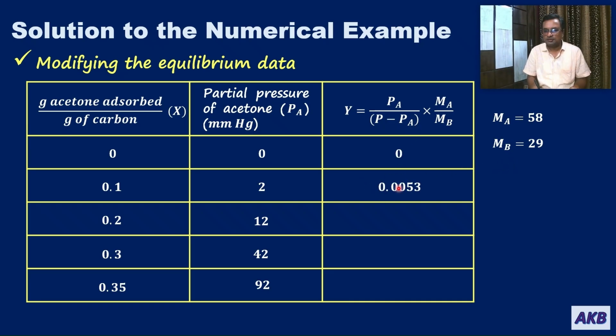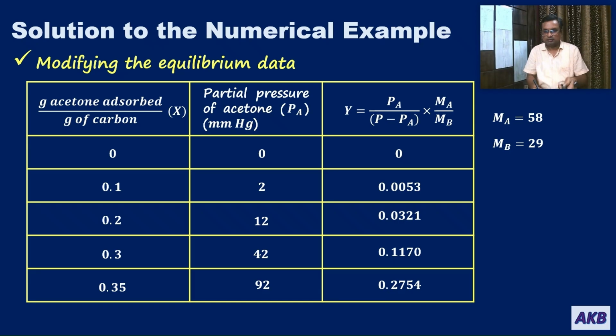So if I use this formula, I will get capital Y values: 0.0053, 0.0321, 0.1170, 0.2754. In this way, I now have X values and Y values that are in equilibrium with each other. Next, I can use these values to plot the graph and then plot the operating line.